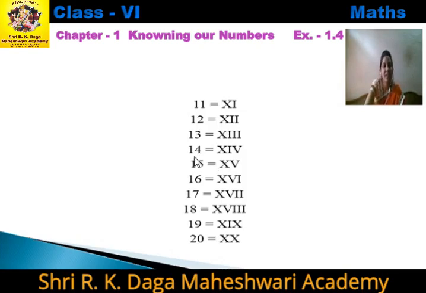So 14 will represent by XIV, 16 XVI, 17 XV double I, 18 XV triple I, 19 XIX, and 20 can be represented by double X.